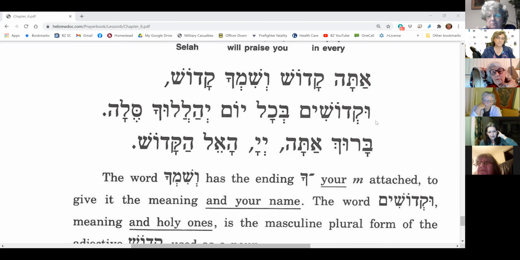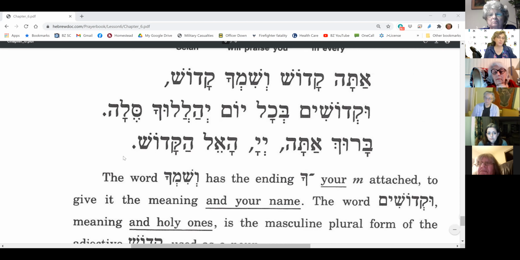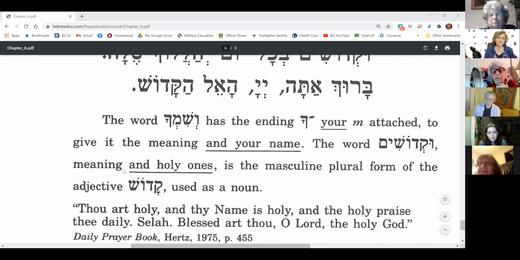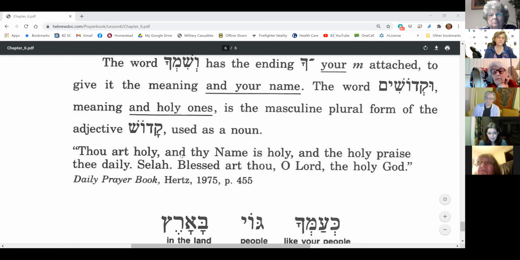I understand adjectives and nouns, but it's just not there. It would have been v'hakedoshim. So holy ones is maybe a more appropriate translation without the, but we're still saying it's an adjective, not a plural noun.